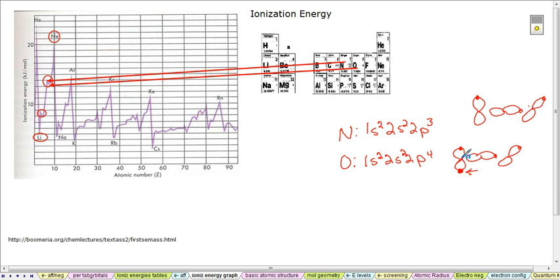And with a full p orbital, that's going to throw off the symmetry of the repulsion between the electrons. So now instead of this energy being spread evenly over 3 planes, we now have one of the planes that has 2 negative charges in it.